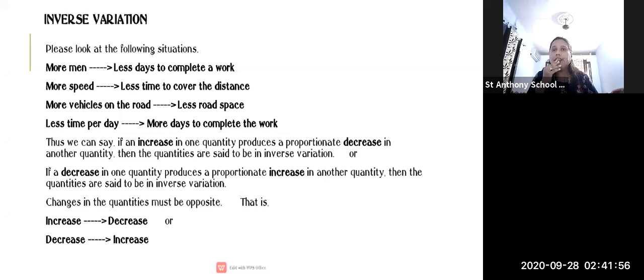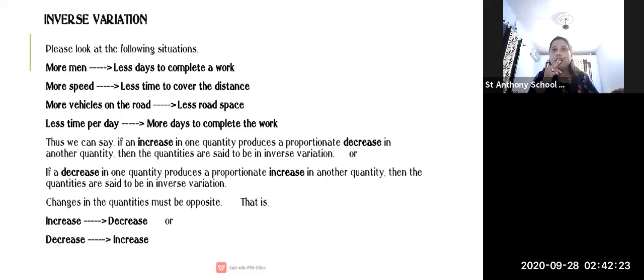Or if a decrease in one quantity produces a proportionate increase in the other quantity, then the quantities are also said to be in inverse variation. So inverse variation means when one quantity increases, the other quantity decreases. When one quantity decreases, the other quantity increases. It is vice versa. That means the changes take place oppositely.